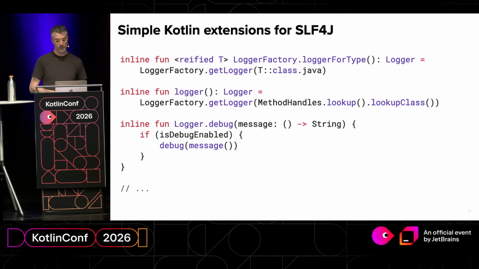Logger for type, where you explicitly specify the type with the reified type parameter. The logger that is going to do automatic detection of the current class, and basically some inline debug, error, etc. wrappers.